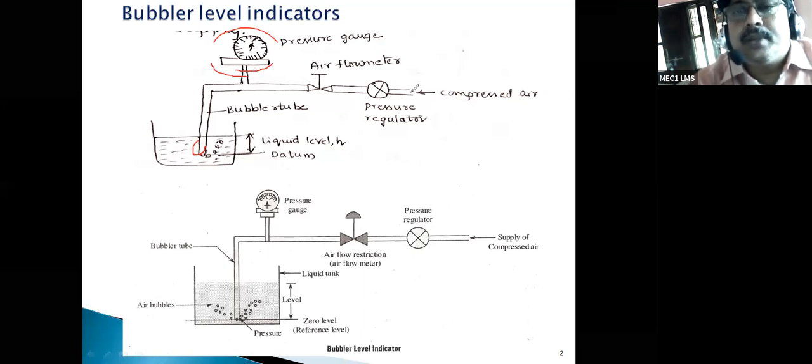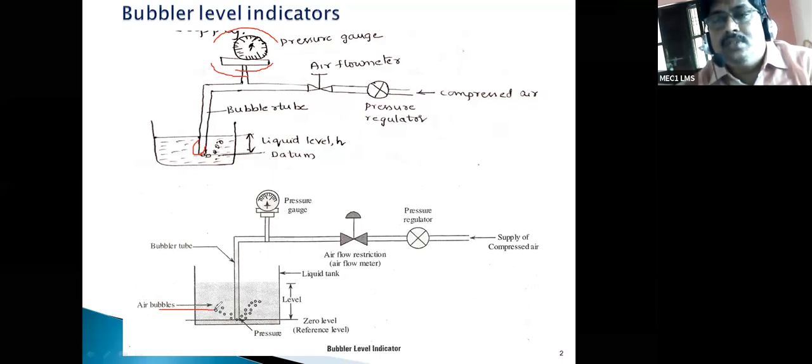So here, when the compressed air is sent into the bubbler tube through the pressure regulator, then automatically at the dipped end you get the bubbles. These are small bubbles. Here we have to regulate the pressure of the air such that the air bubbles come.